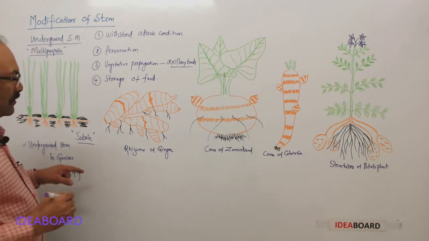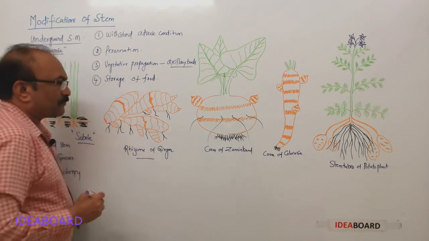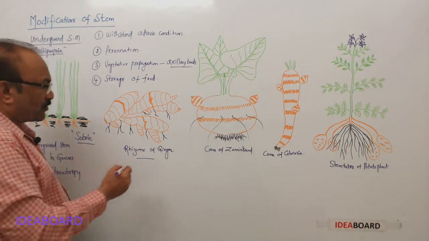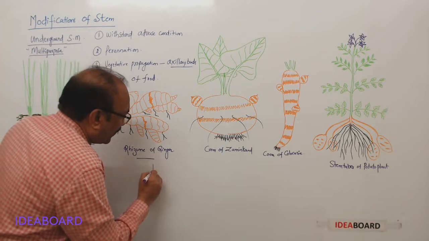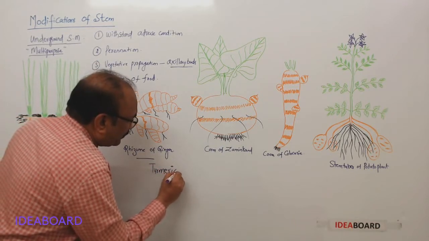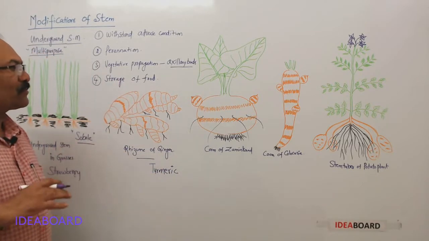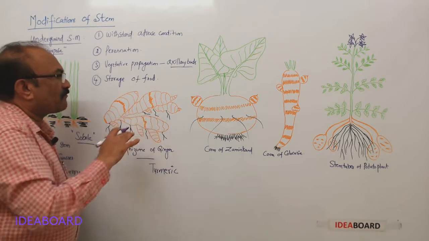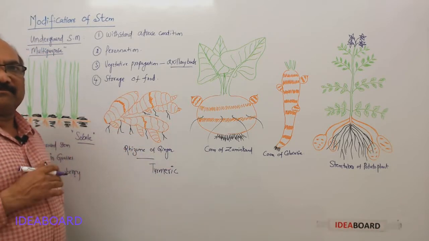Now let us look at the rhizome of ginger. I think you are all familiar with ginger, and you will find the same type in turmeric. It is an underground stem which is a dorsiventrally flattened stem.